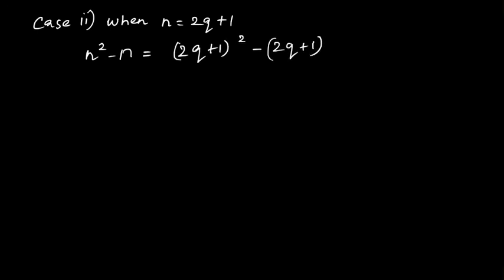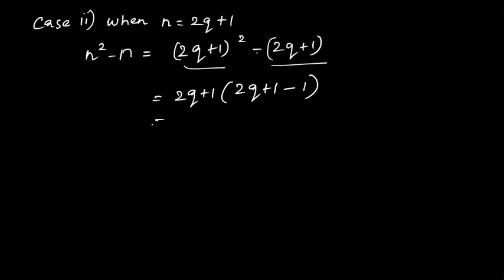So second case, when n is equal to 2q plus 1. So n square minus n is equal to, in the place of n, replace by 2q plus 1. So if you look at these two terms, you can say that 2q plus 1 is common. So take it out. When you take it out, we will be left with 2q plus 1 minus 1. So plus 1 and minus 1 will get cancelled.